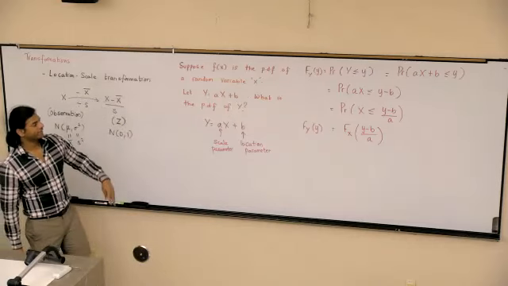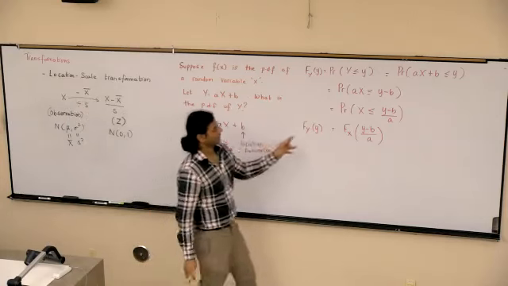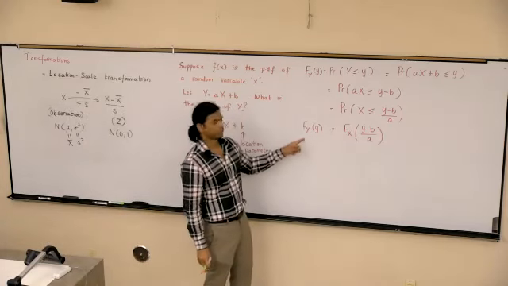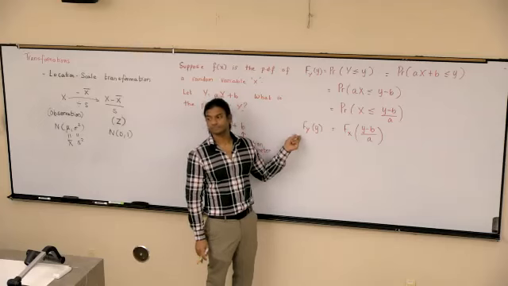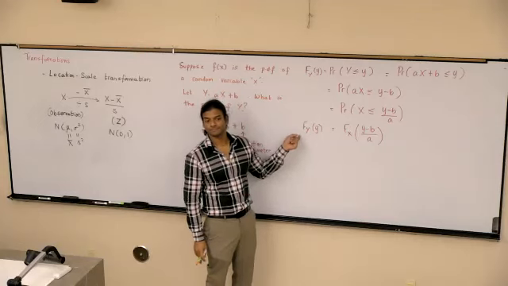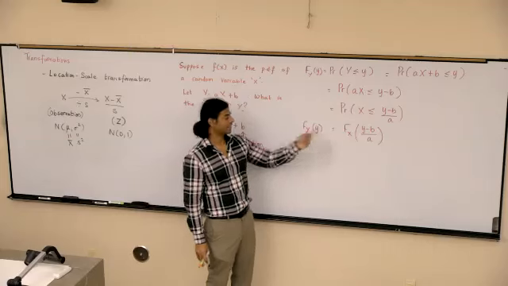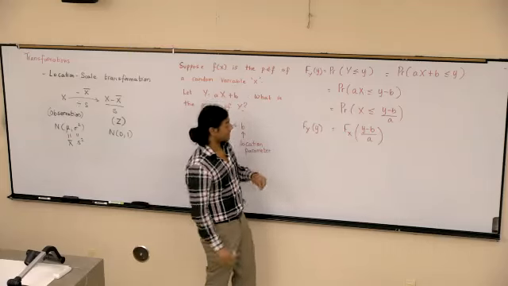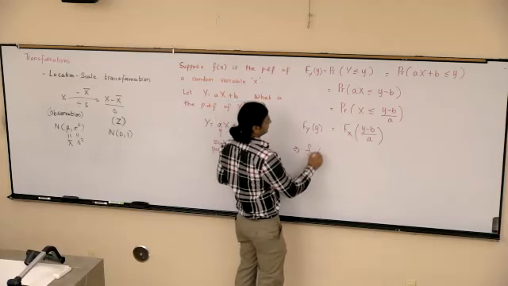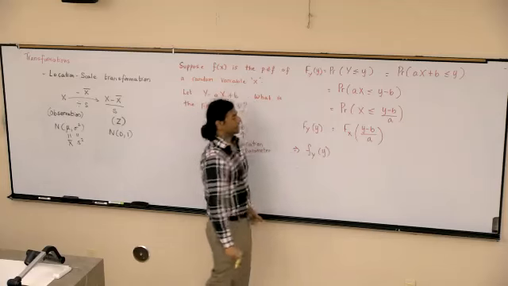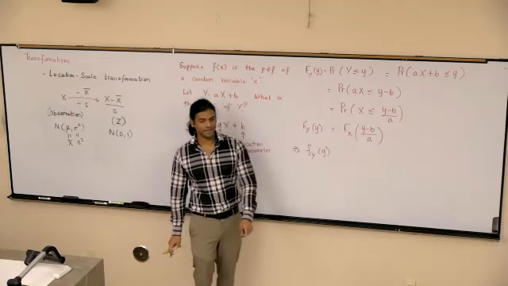So we have the CDF for Y. How do we find the PDF? Derivative. If we take the derivative on both sides, should it be with respect to Y or X?